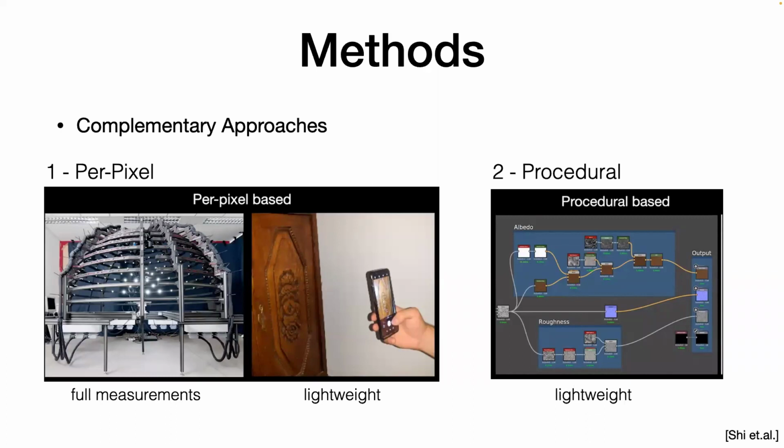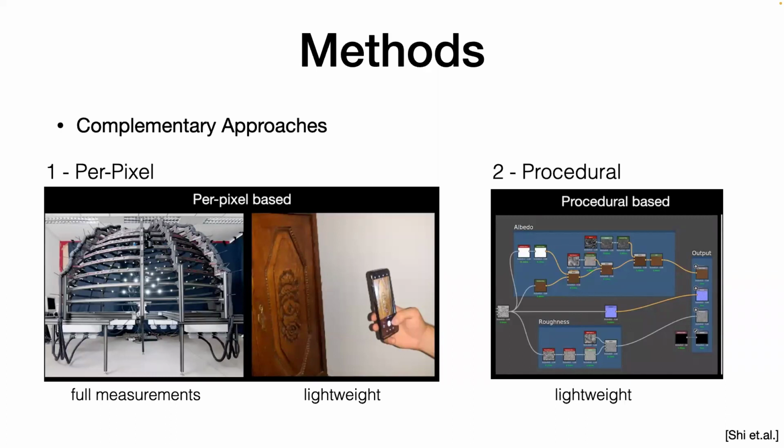And then the per pixel based, you can subdivide in two classes. One is like a full measurement, similar to what I mentioned earlier, where you have a big apparatus to measure some material. But in this case, it's an even bigger apparatus to measure an object. You put the object there and you measure that.